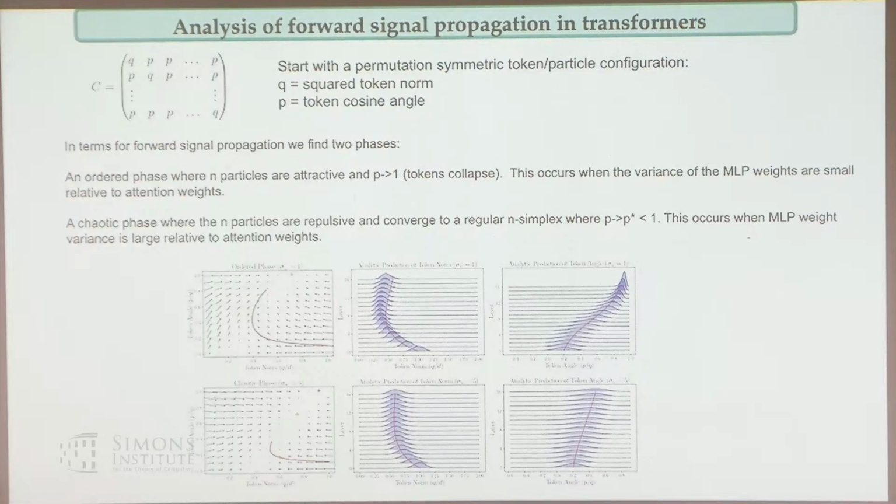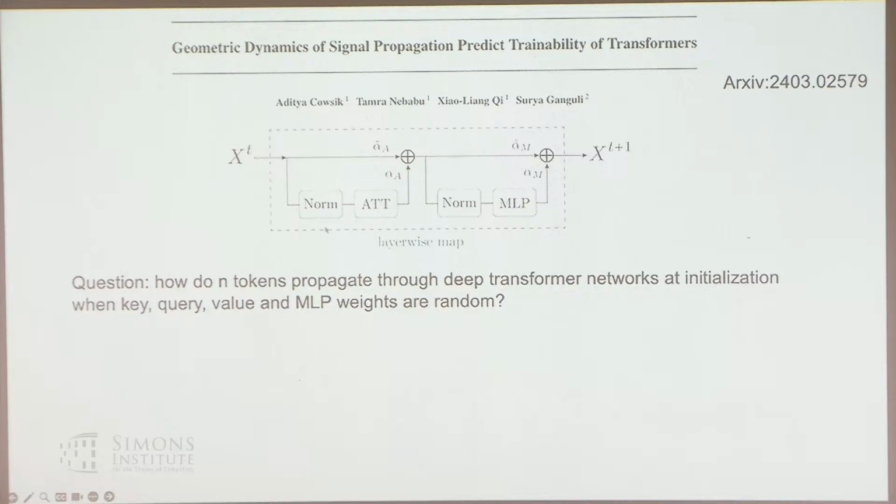Now the problem is that you have the attention layer, and in the attention layer, N tokens are coming in, and they all interact with each other. You can't just isolate the signal propagation to a pair of points. You really have to think about all N choose 2 interactions between N tokens.